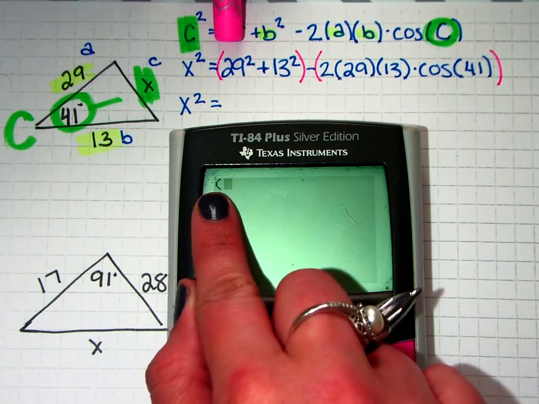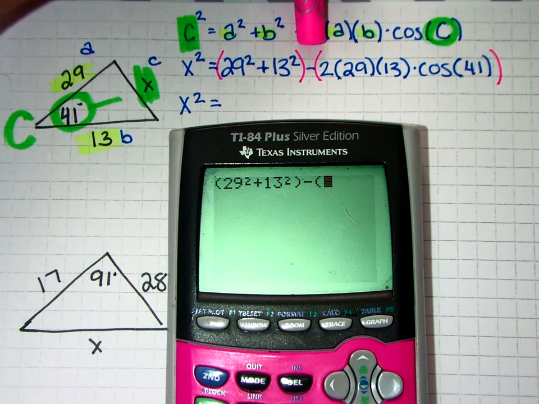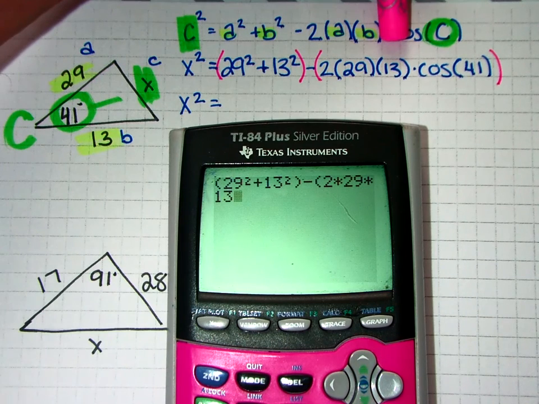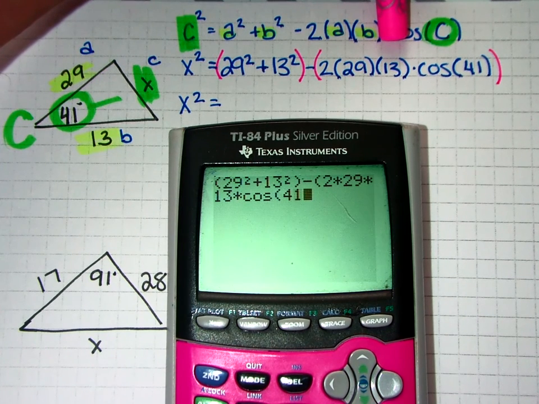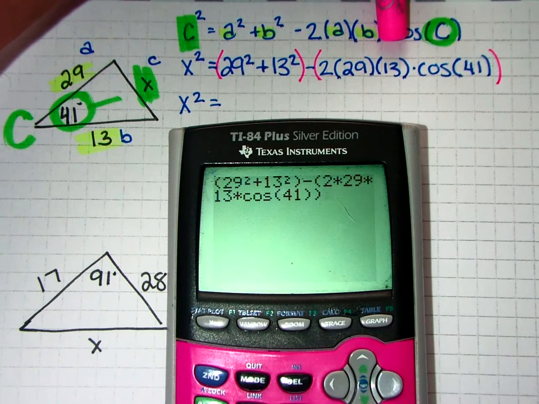So I'm opening a parenthesis, 29 squared plus 13 squared, close my parenthesis, minus, open a new set, 2 times 29 times 13 times cosine of 41, close my cosine parentheses, and I'm going to close my original.